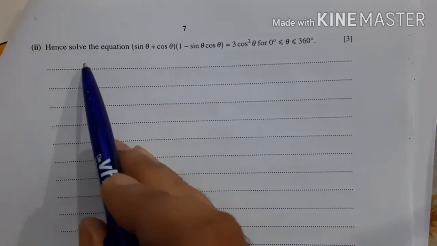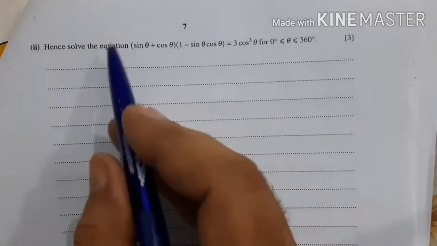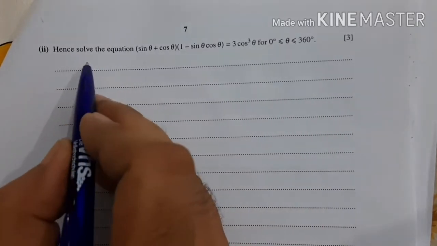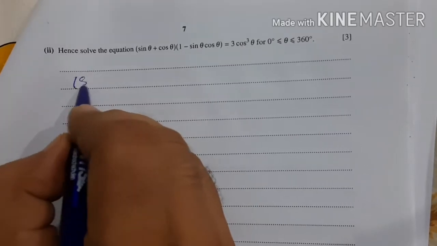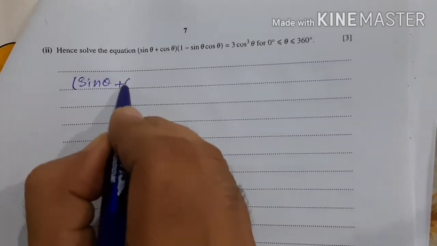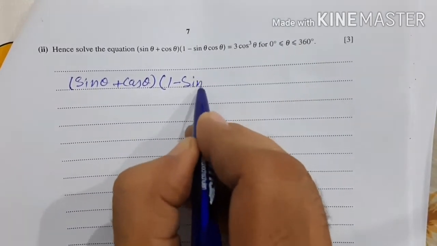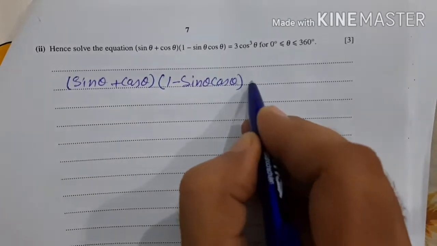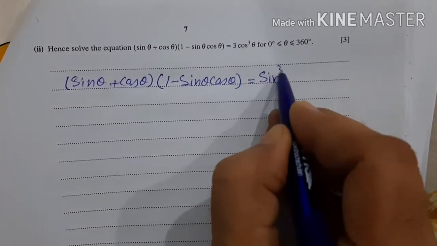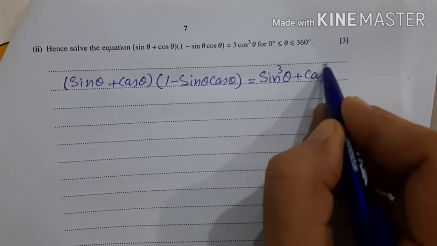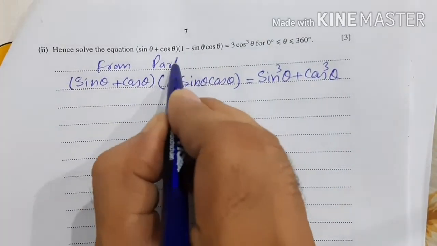Part 2. Hence solve the equation, this is equal to 3 cos cube theta. From the previous part I have shown that sine theta plus cos theta into 1 minus sine theta cos theta is actually equal to sine cube theta plus cos cube theta from part 1.